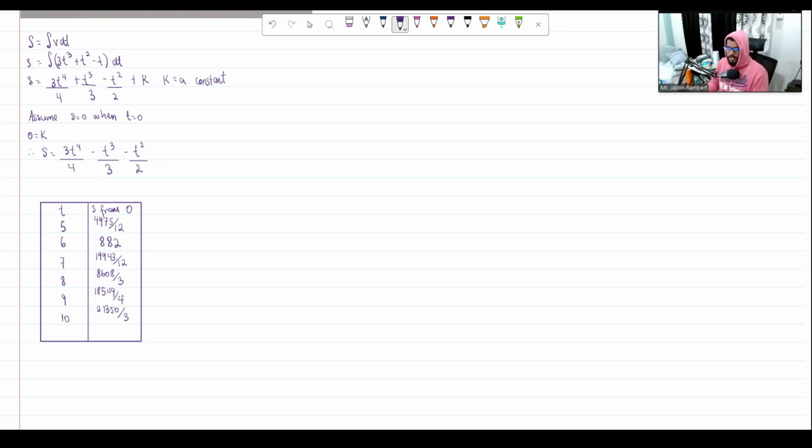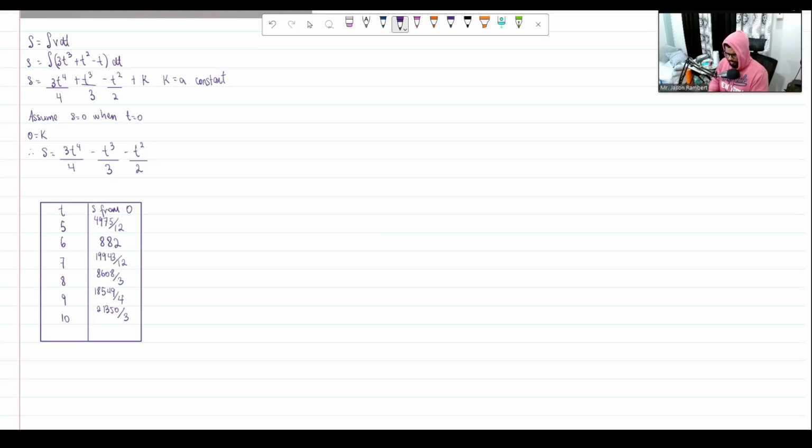To get the distance traveled between 5 seconds and 10 seconds, just take 21350 over 3, take away 4975 over 12, to get 80425 over 12, or 6720 over 12.